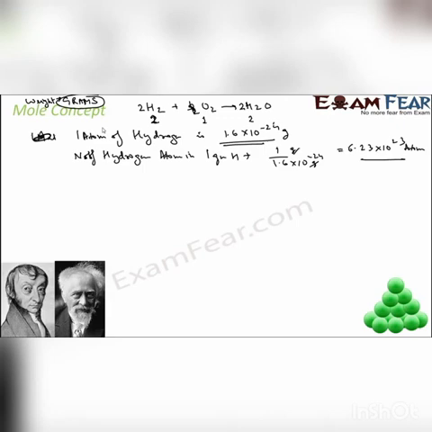Now it is seen that even 12 gram of carbon also has these many atoms. 16 grams of oxygen also has these many atoms. And if you remember, these are the atomic masses of hydrogen, carbon, oxygen. Right?